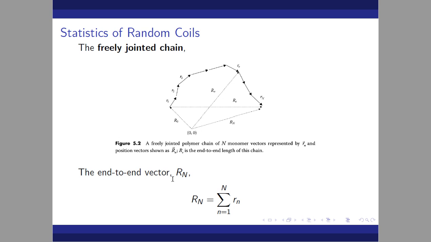If we do the calculation, because, for example, R1 is not equal to R2, and R3 is not equal to R2, we do the summation. So the end to end vector Rn equals the summation from n equal 1 to n of Rn. Okay, so we have the end to end vector, this one.